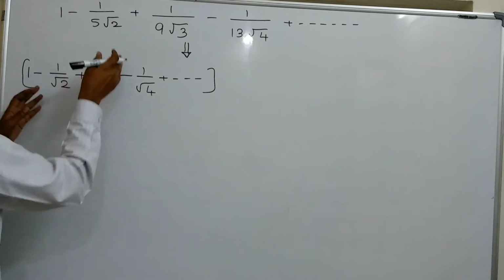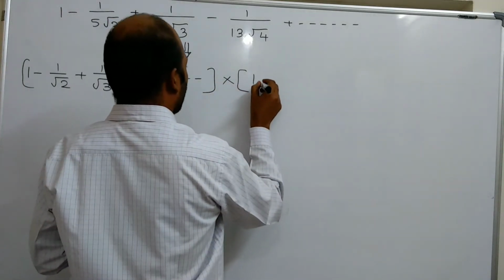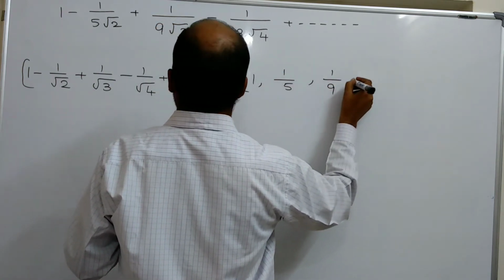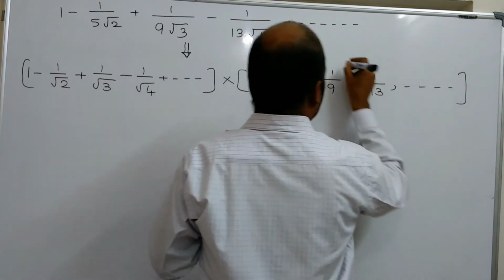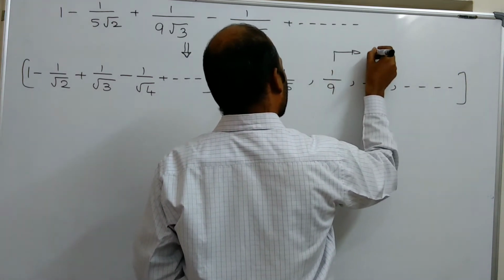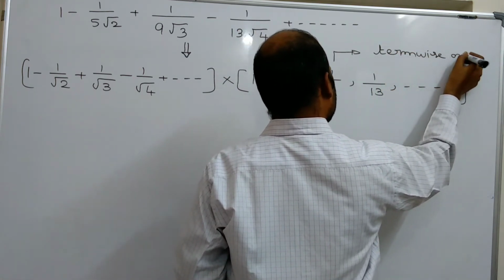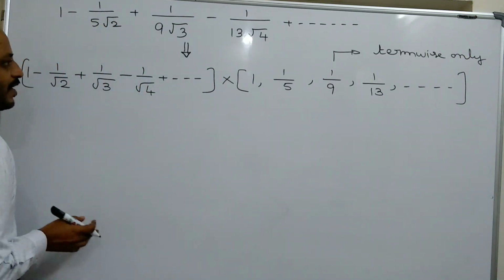The given series can be expressed in this way, and again a product of 1, 1/5, 1/9, 1/13, and so on. You remember one thing, this product is term wise only. That is a very important point.